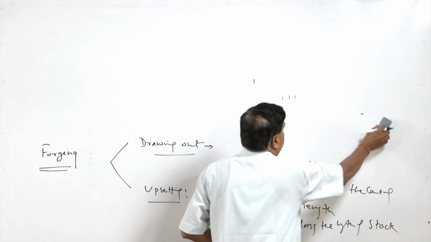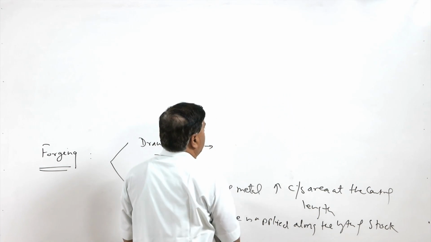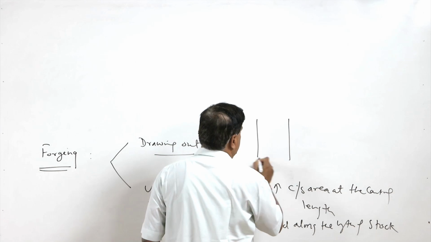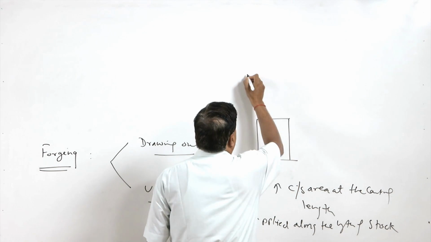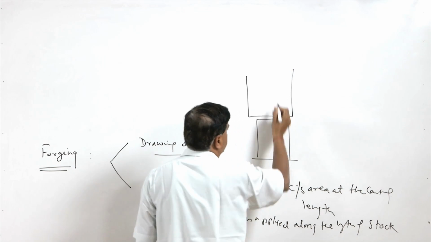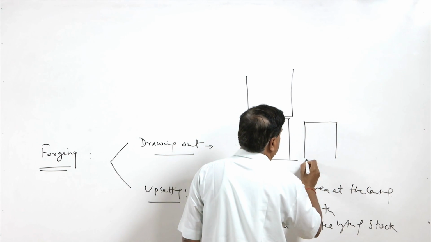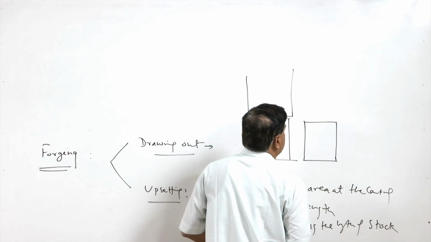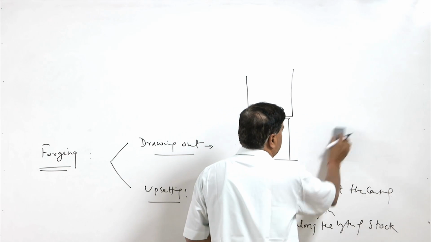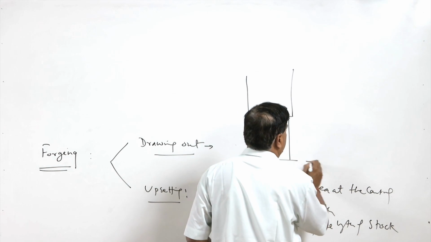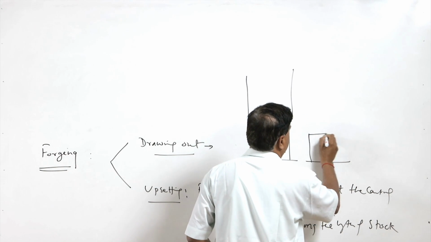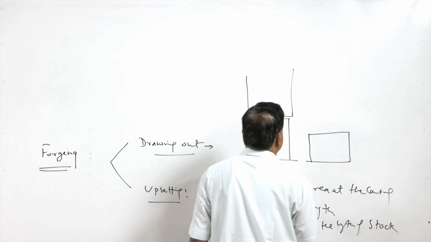To understand this, if the job is like this in the beginning, with the application of force the length is reduced in this manner and an increase in diameter takes place. So, we can write this as a significant reduction in length and increase in diameter.